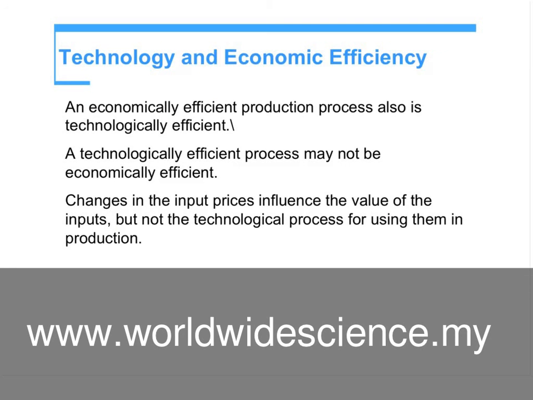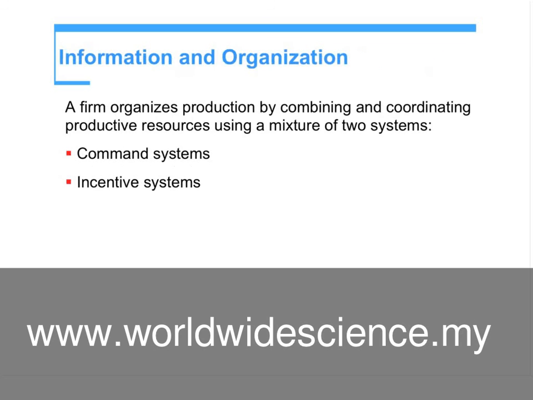A firm organizes production by combining and coordinating productive resources using a mixture of two systems, command systems and incentive systems. So there are two systems that firms basically use for organizing their production. What is a command system? A command system uses a managerial hierarchy, where you have the highest level of management and it goes all the way down.